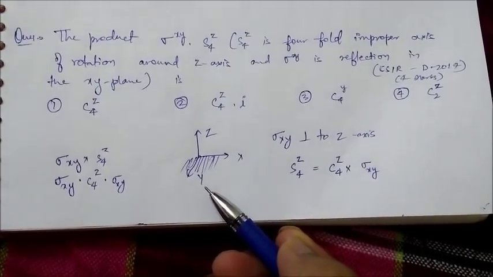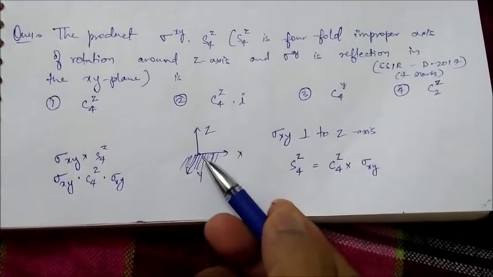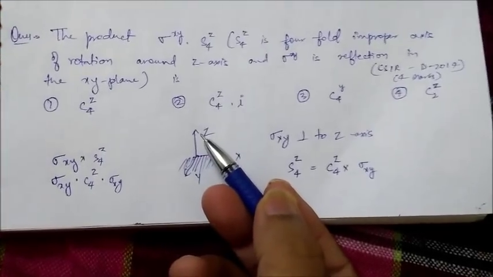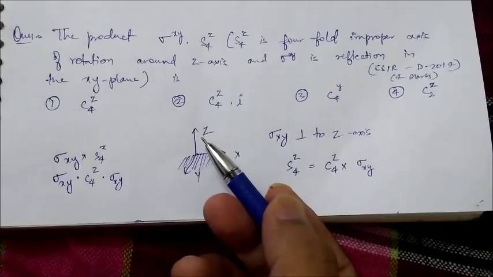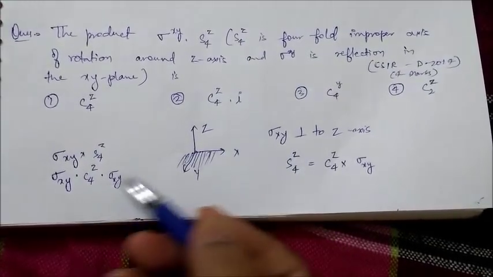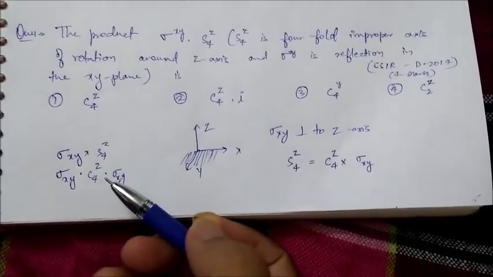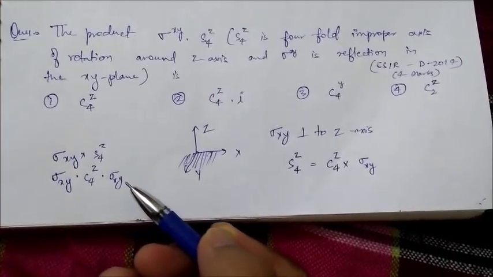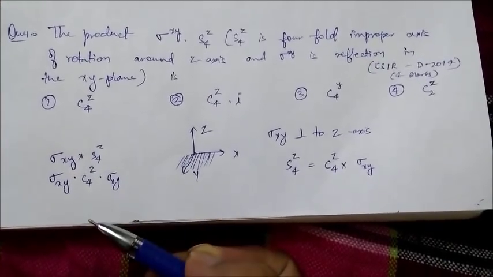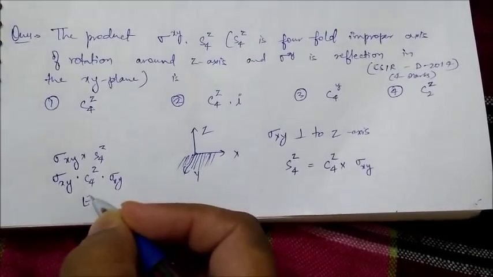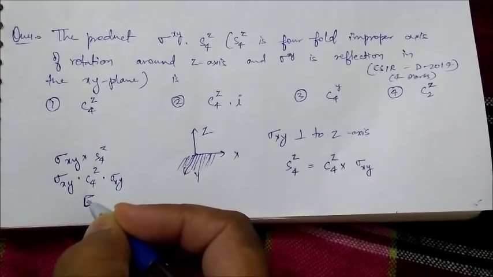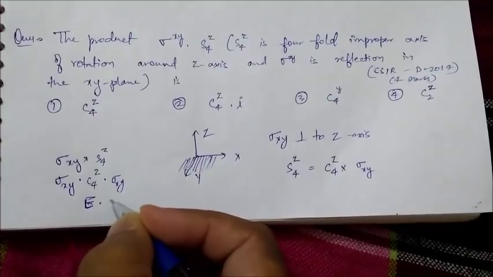Then again if I apply the xy plane, the negative z direction will again reflect to the positive z direction. Means the positive z direction is in its own place if I apply sigma xy two times. Means the product of sigma xy and sigma xy will be identity. Means nothing will happen. So what we are left with is identity when we apply sigma xy two times.